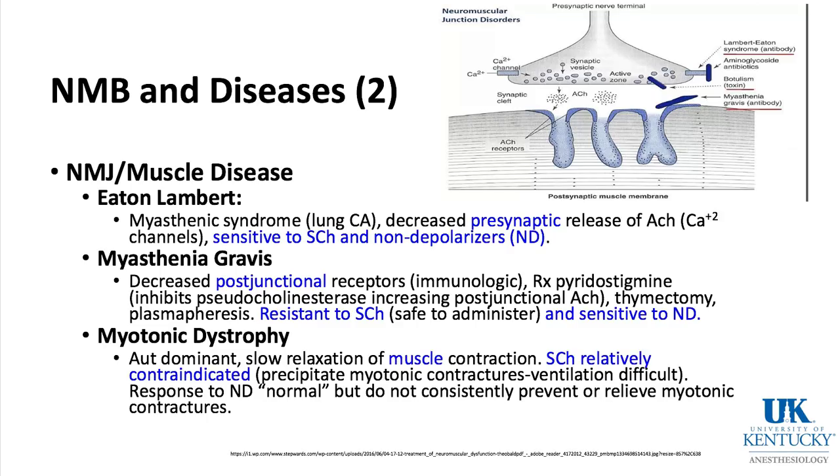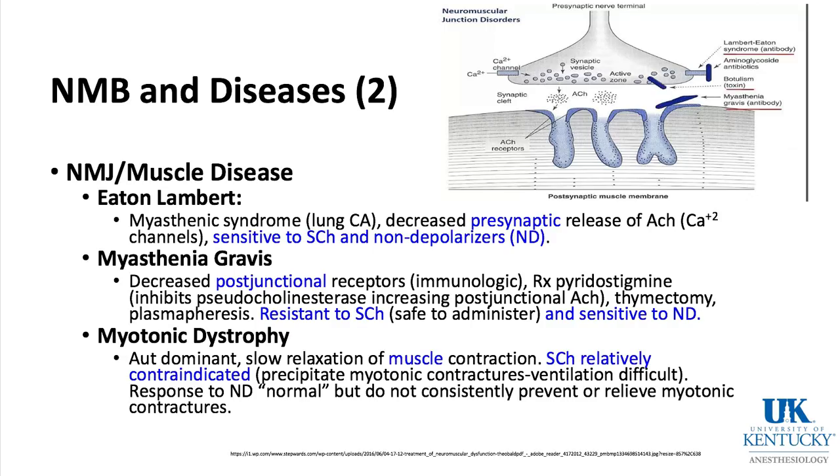They have antibodies against them, destroying those receptors, and they may be taking pyridostigmine. Pyridostigmine inhibits acetylcholinesterase in an attempt to keep the acetylcholine levels up and keep the patient stronger. Another treatment for myasthenia gravis is thymectomy, or plasmapheresis to reduce the antibody levels in the patient's body.